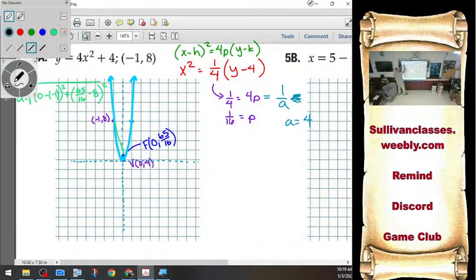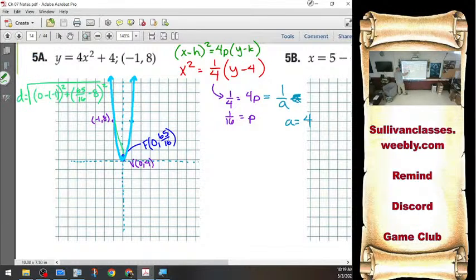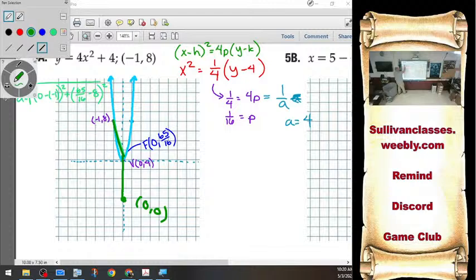So the purpose of that is if this is 65/16, then that also means this is 65/16. What's 65/16 minus 65/16? 0. I have found my magic point. Hopefully you remember how to make a line because you passed algebra.